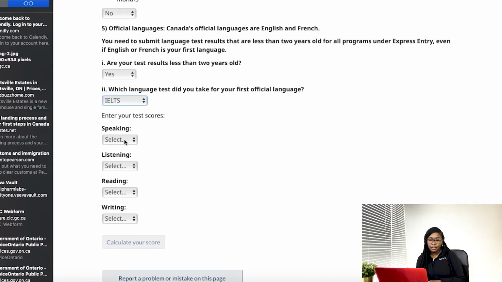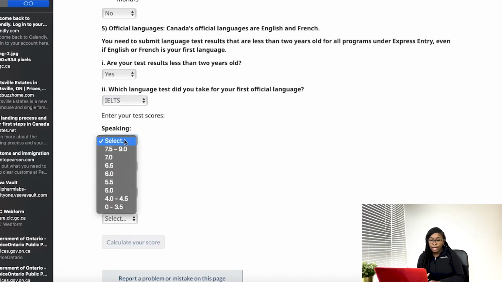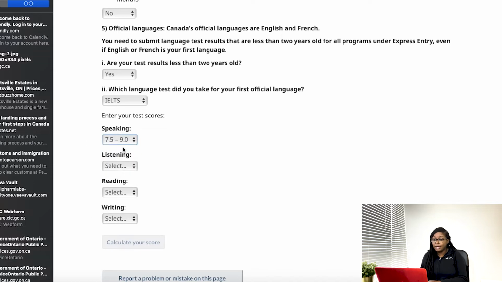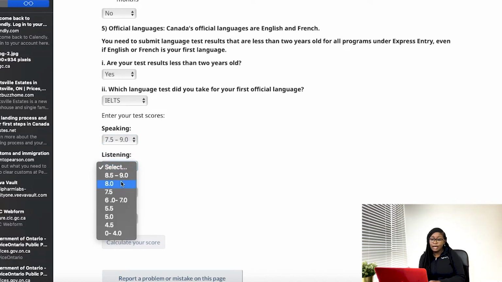For speaking, I guess the lowest is 7. My recommendation is always shoot for the stars, because the English tests really make your application. So I'm going to say speaking 7.5 to 9. Listening, I'm going to say 8.